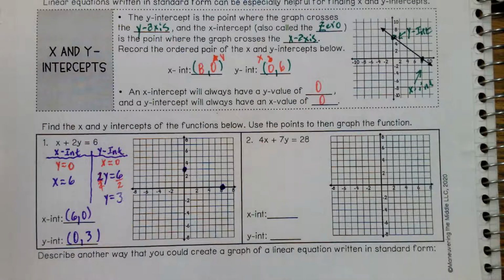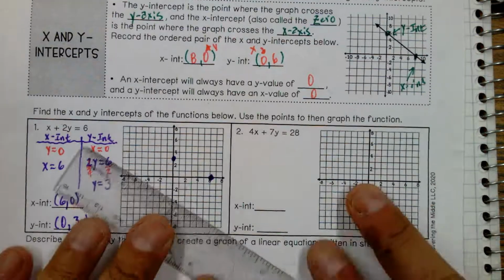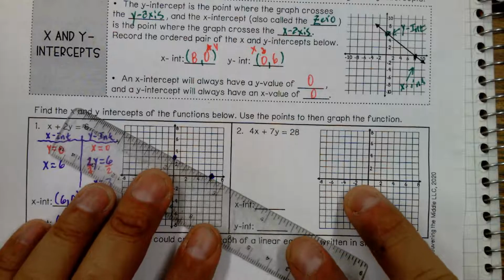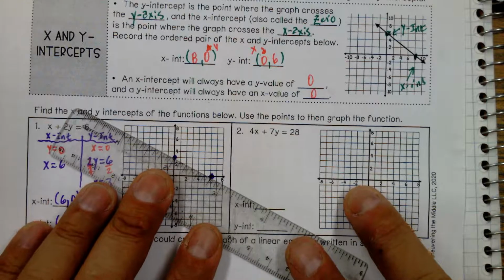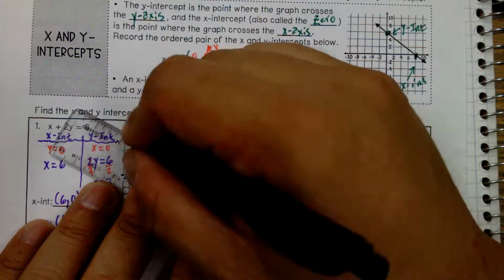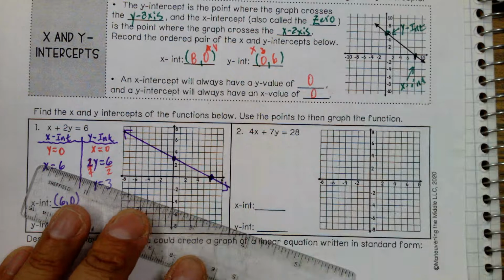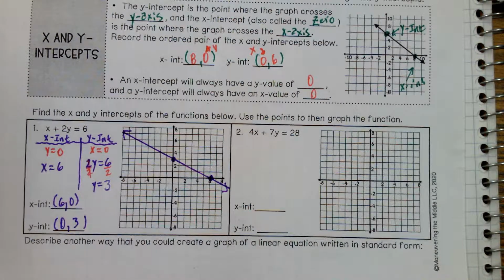How many points do I need to know to be able to graph a line? 2, and I know 2. So this is the graph for this line. If you know where it crosses the x-axis and the y-axis, and most lines do cross the x-axis and y-axis, then there you go.